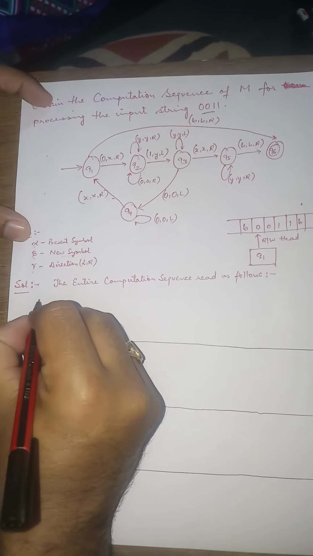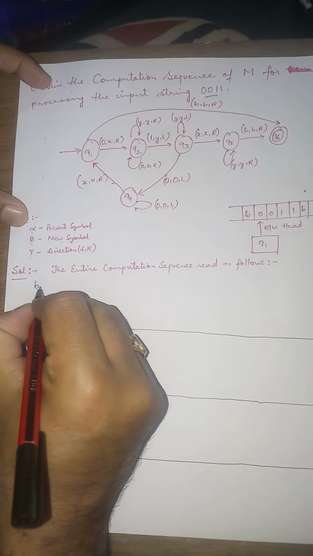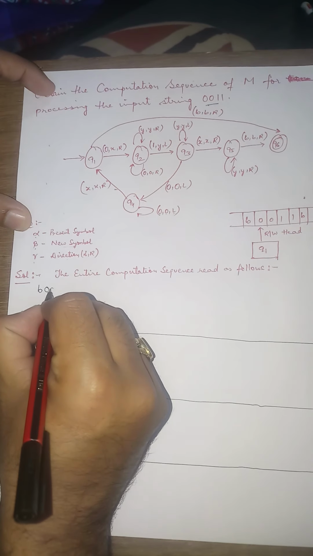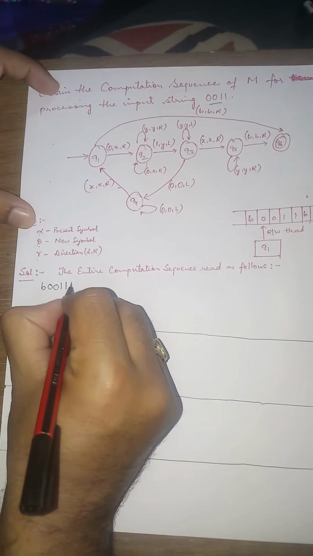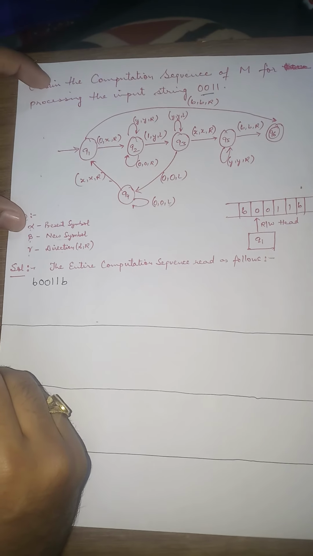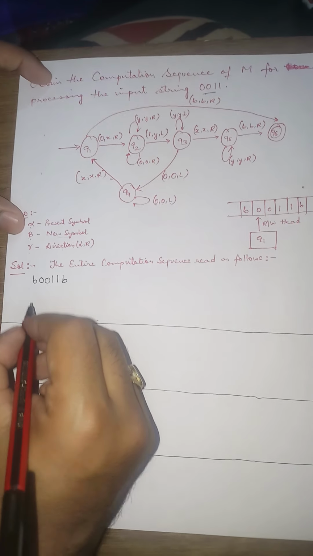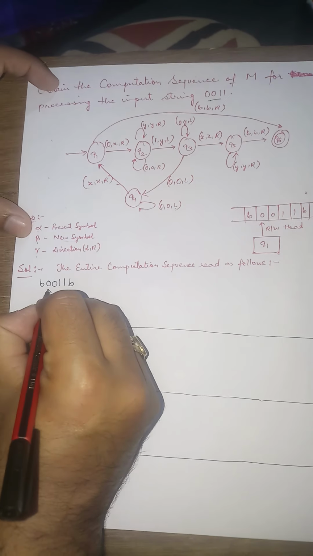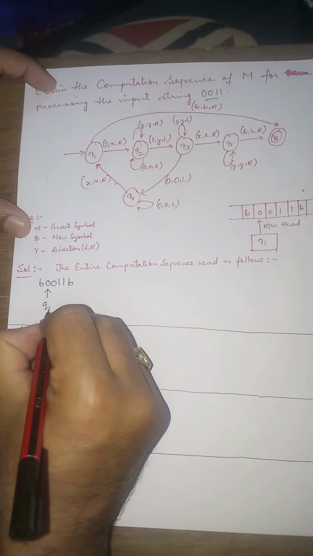First of all you need to add 1 b at the beginning and 1 b at the end, right? You always start with q1.